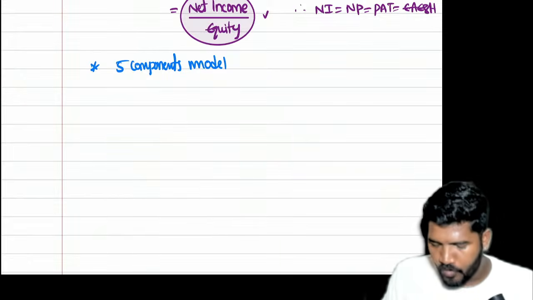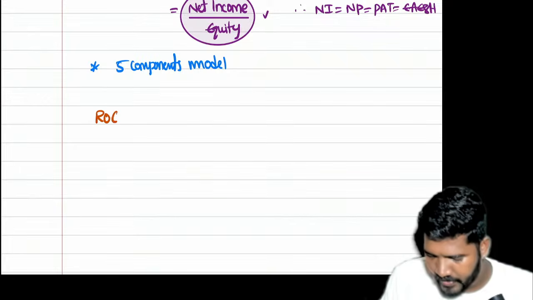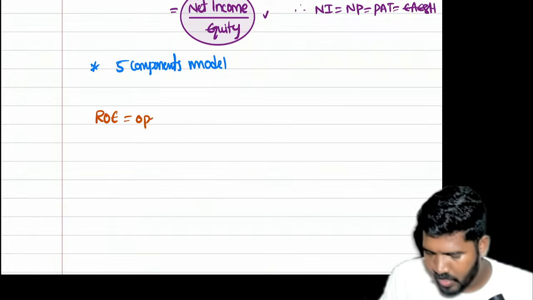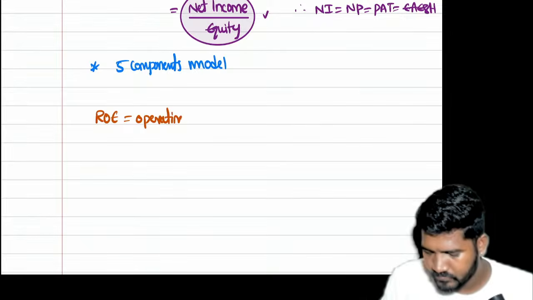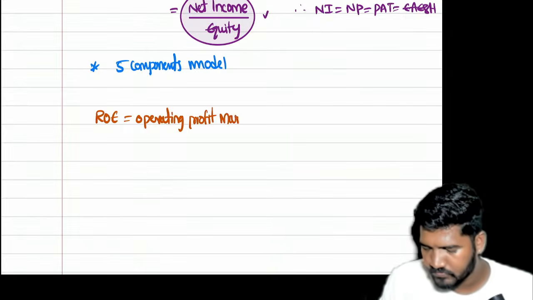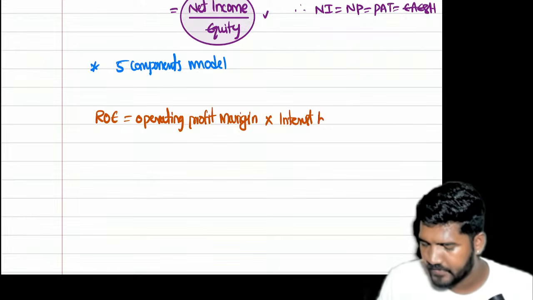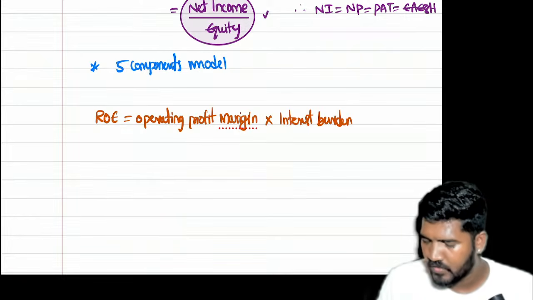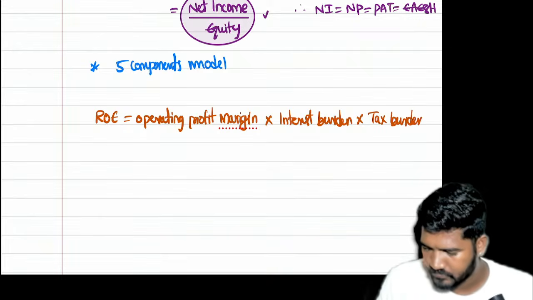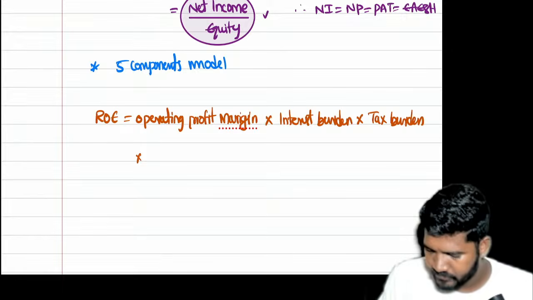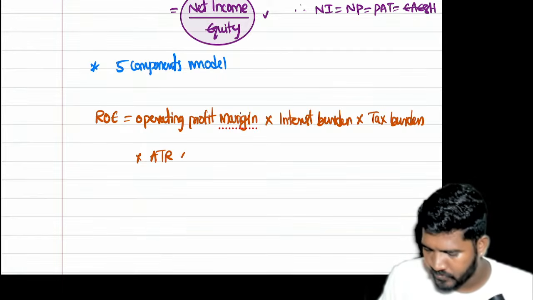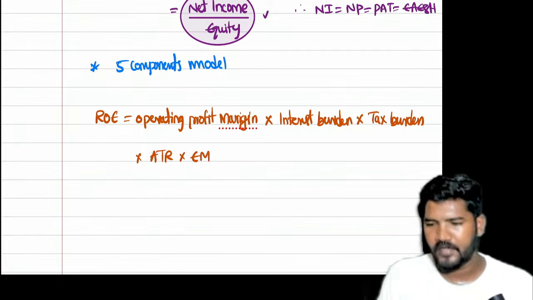When it comes to the five component model, return on equity equals operating profit margin into interest burden into tax burden into asset turnover ratio into equity multiplier.